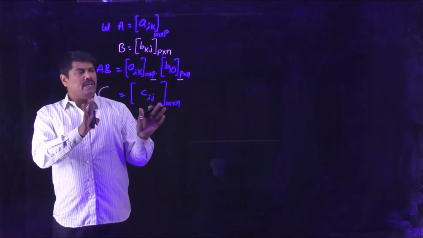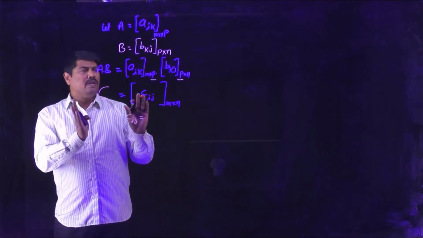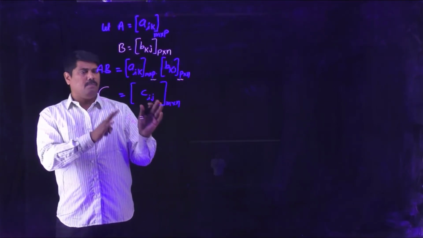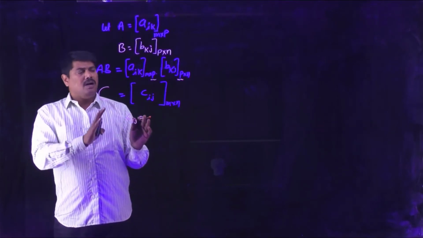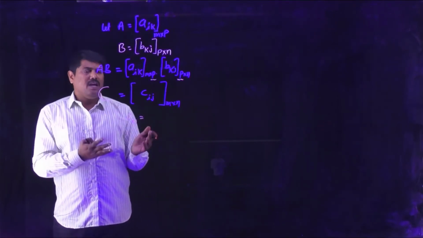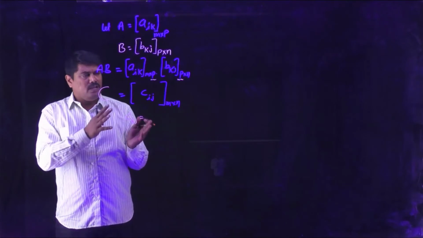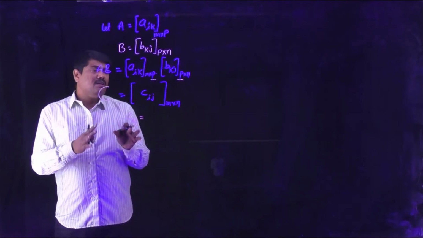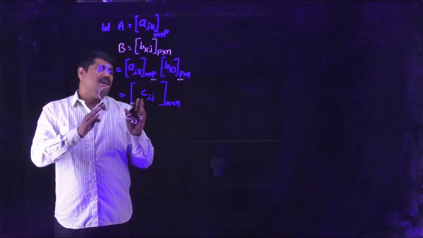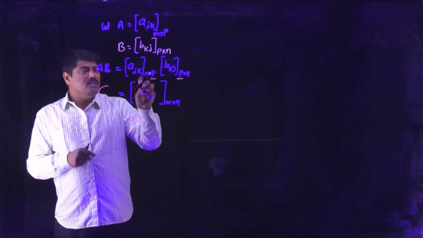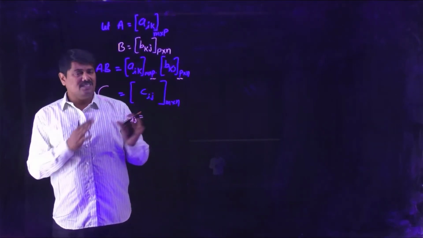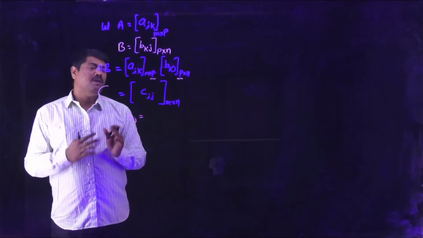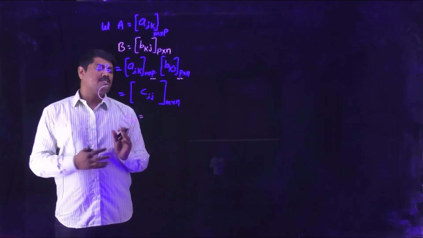Till now we observed whether multiplication is possible or not, and what is the order of the obtained matrix. Now it comes to the step of how the elements occur in the new matrix, the process of multiplication of the matrices. Now we are going to discuss that.